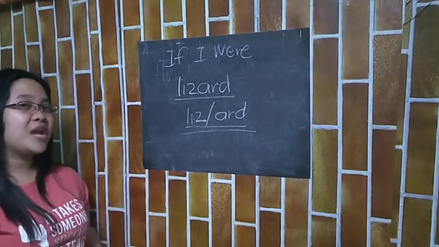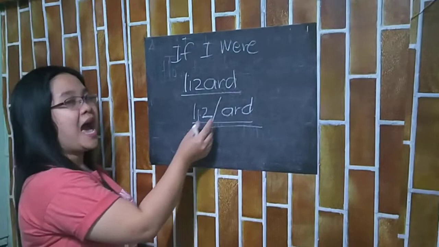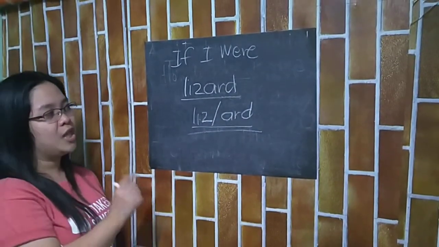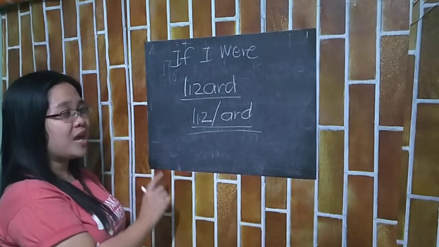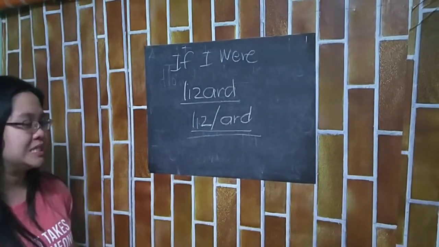We are going to break them down into parts by looking at the vowel sound. Make sure that when we break down words into smaller parts, we look for the vowel sound. What are those vowel sounds again?